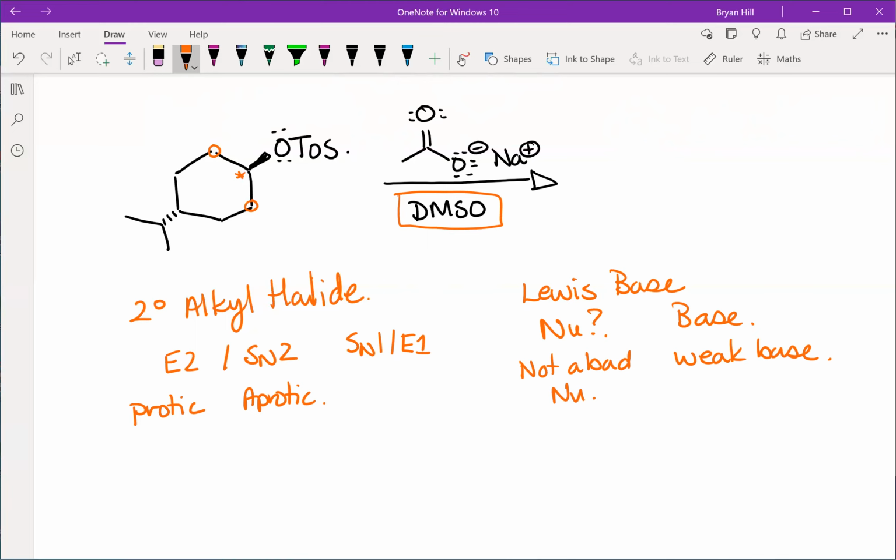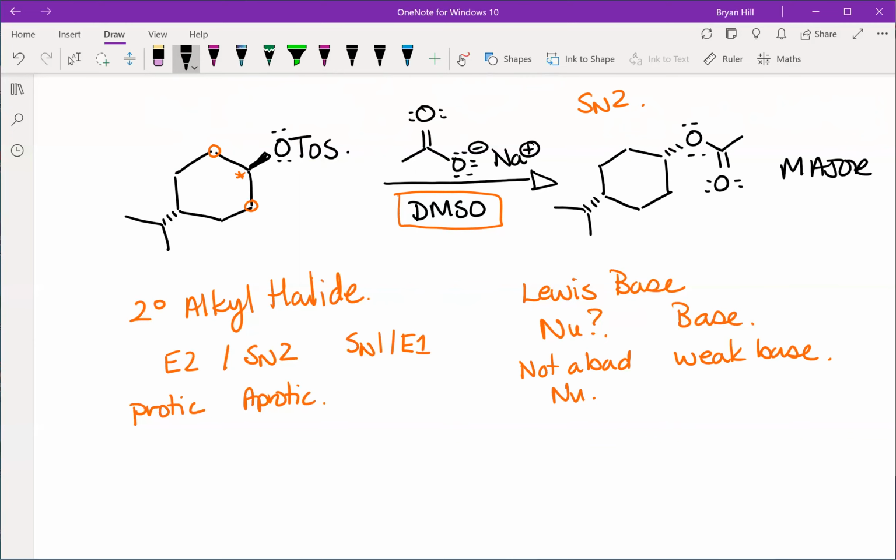So here, this reaction is more set up to be an SN2. So we would get inversion of stereochemistry at that carbon. And we are going to substitute in our leaving group, the OTos leaves. So this would be our major product.